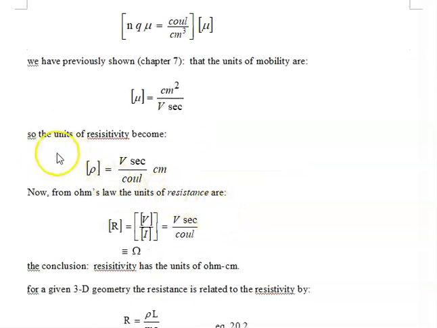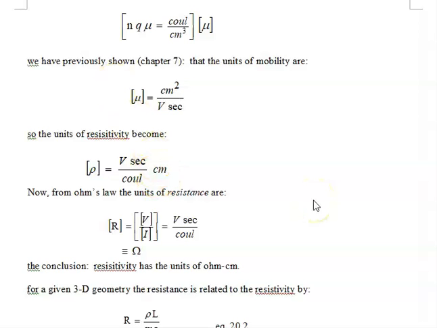So therefore, the units of resistivity, not the conductivity, but the resistivity, we just flip it and we get volts centimeter. Notice for the conductivity, volts centimeter is in the denominator. In resistivity, it's in the numerator, divided by coulombs and multiplied by centimeters.